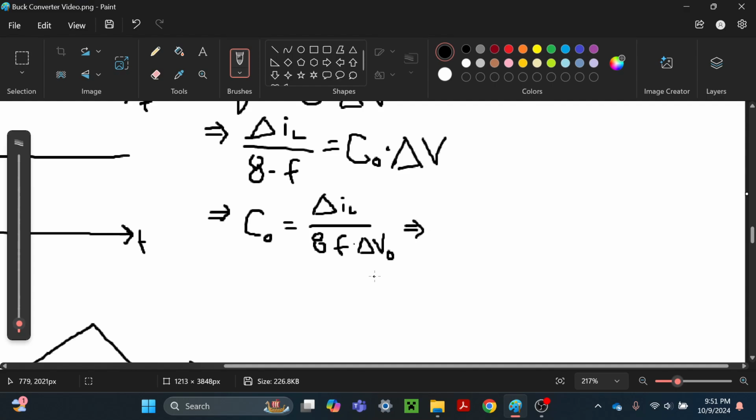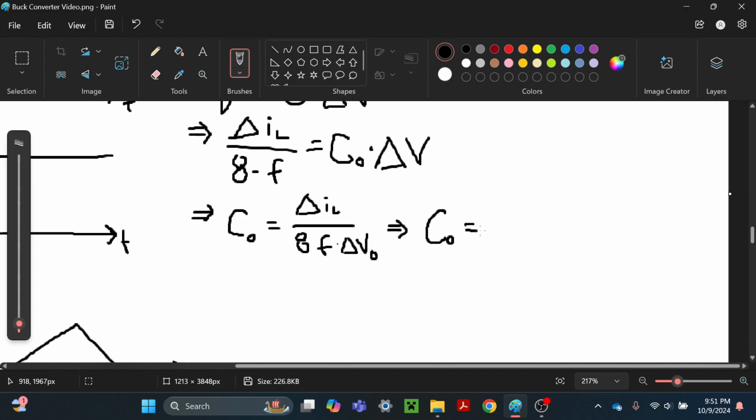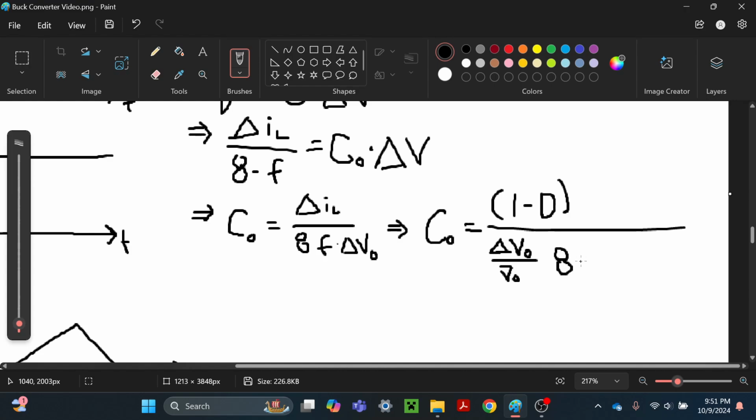And then recalling our equations for delta IL, you get the final form C out equal to 1 minus D divided by delta V out over V out times 8 times L times F squared.